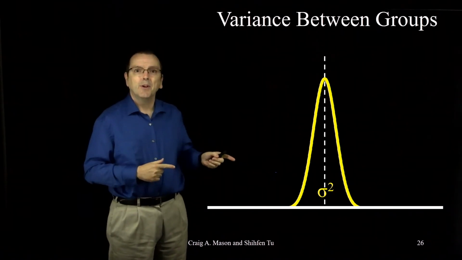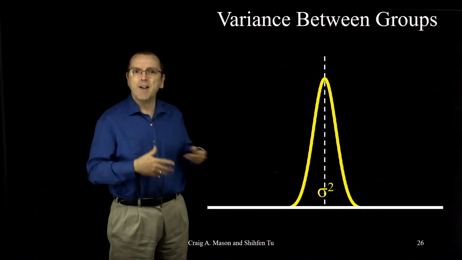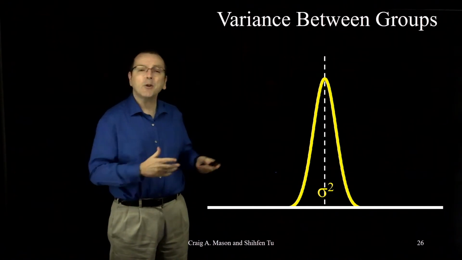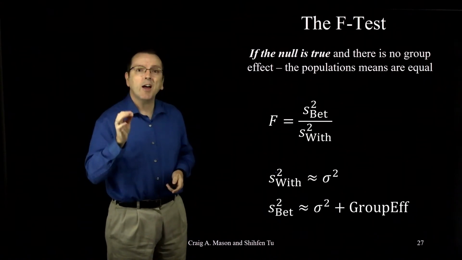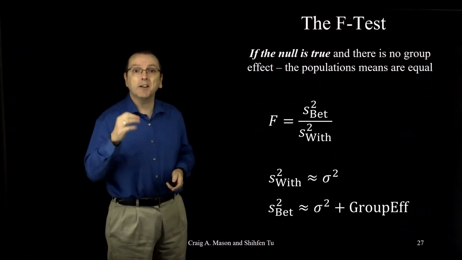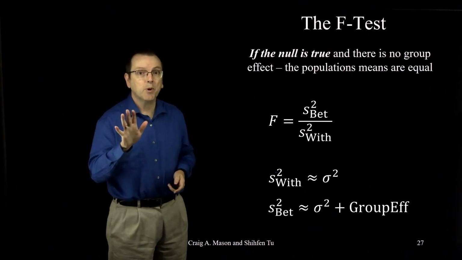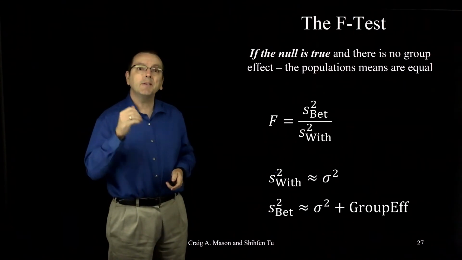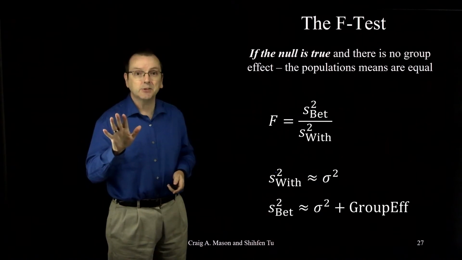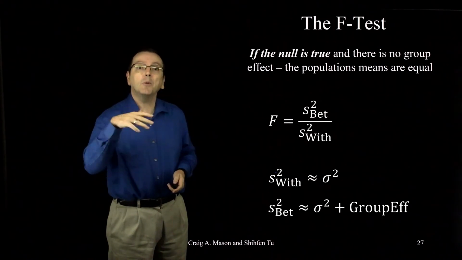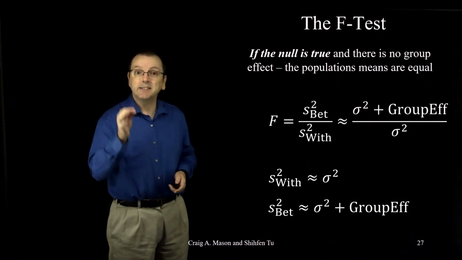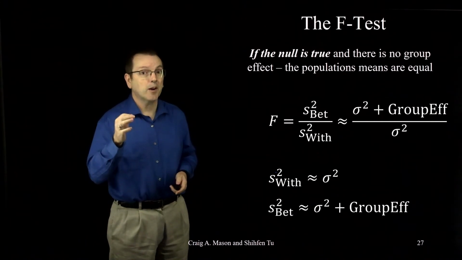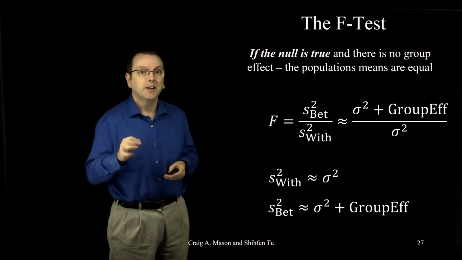So what does that do to the variance between and our value for our F statistic? Remember, F is based on our estimate of the variance between, S squared between, divided by our estimate of the variance within, S squared within. And we previously noted that the variance within estimates sigma squared, and the variance between estimates sigma squared plus any group effects.